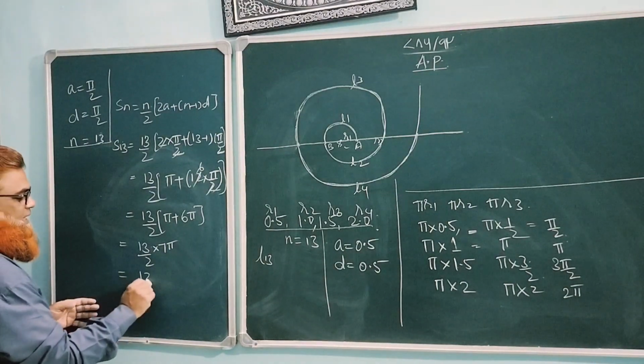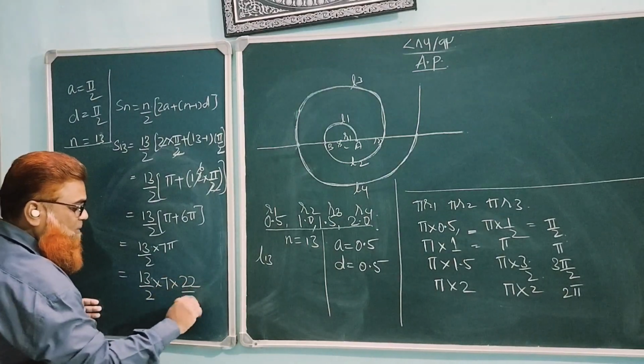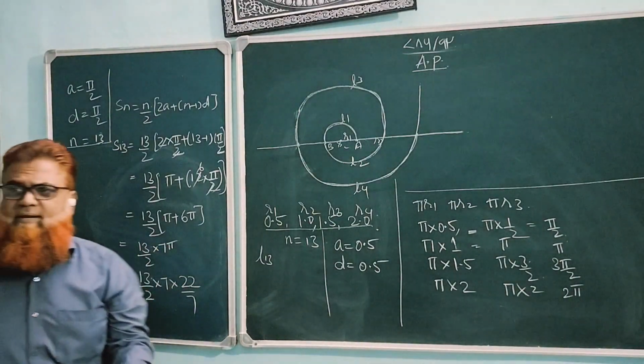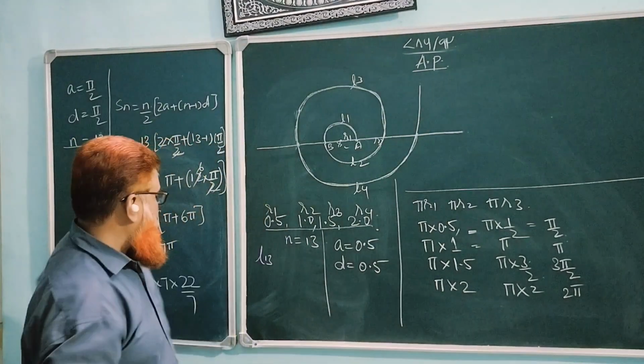This is equal to 13 by 2 into 7 multiplied by 22 by 7. As we know, the value of pi is 22 by 7.